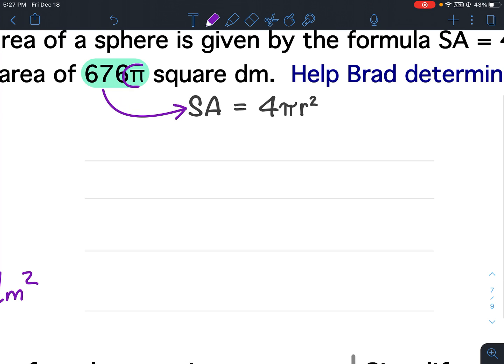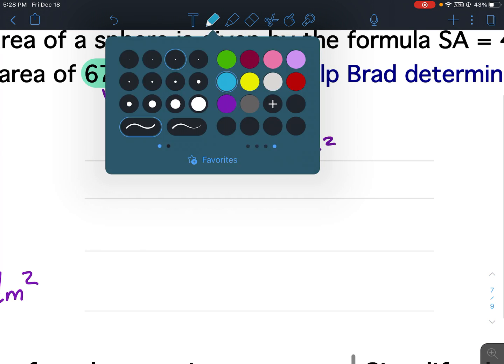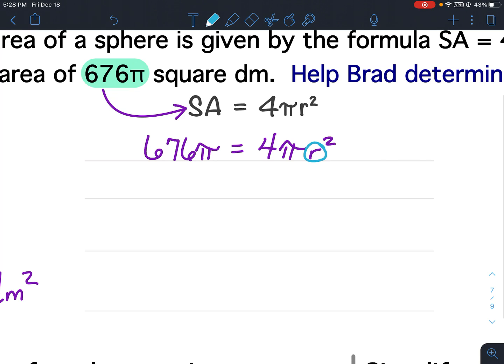Now don't forget that pi on the end. That's important. So this would be 676 pi equals 4 pi r squared. Now, I want to ultimately isolate the r. So that means I need to get rid of the 4 pi and the square.